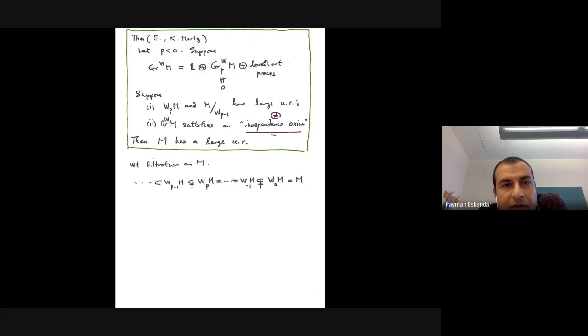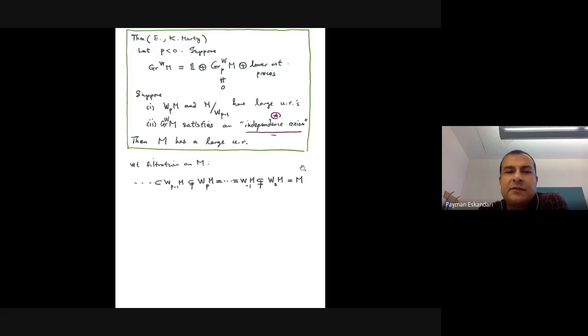Now, this is how the weight filtration looks up to P minus 1, it increases, but not necessarily strictly. There's a jump at weight P, and then up to weight minus 1 it stays fixed, and then there's another jump to weight 0, this quotient being the unit object, and at 0 it stabilizes, it's just M. Now, suppose that WP, so up to this portion, has a large unipotent radical, and that M mod WP minus 1 has a large unipotent radical.